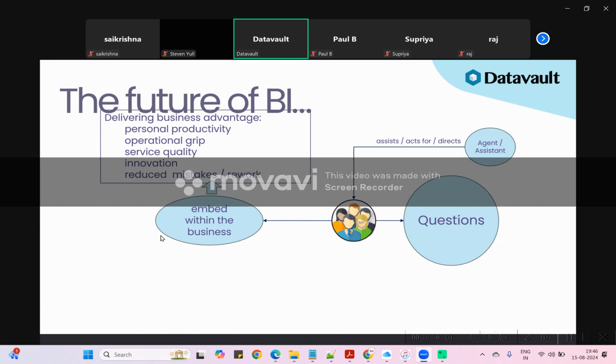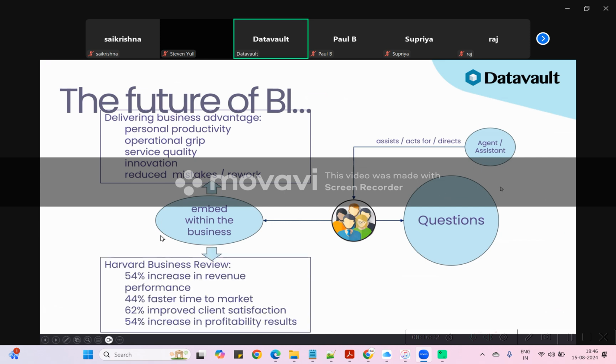Harvard Business Review has done some work on this and has come up with some numbers, and they think the new world is going to give a whole new layer of productivity and benefits to organisations. Whether you believe in it or not, these numbers are calculated by the Harvard Business Review, so they've got to be close there or thereabouts.